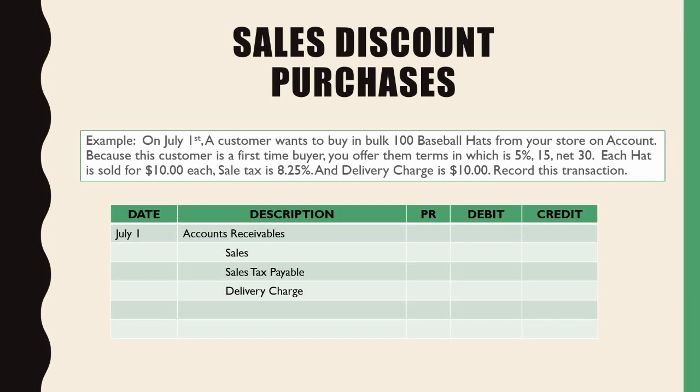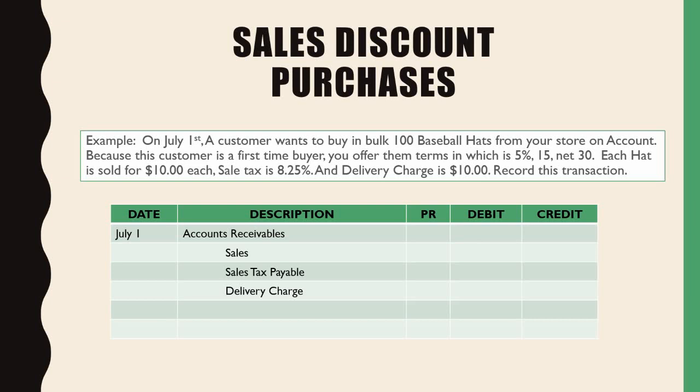Now, in this case, we have to charge the tax first because terms is a condition, right? They have to meet the condition in order for you to take the discount. So our condition is you sold the product to them, but they have 15 days to pay you, and if they don't pay you, then they have 30 days to pay you from the date that you sold to them.